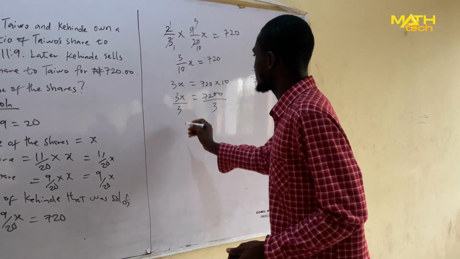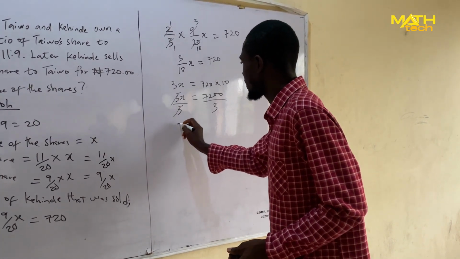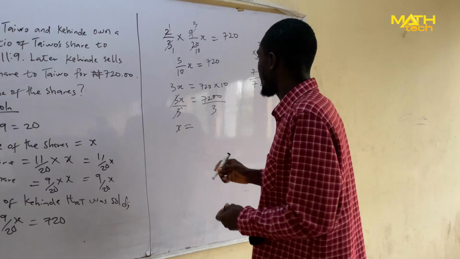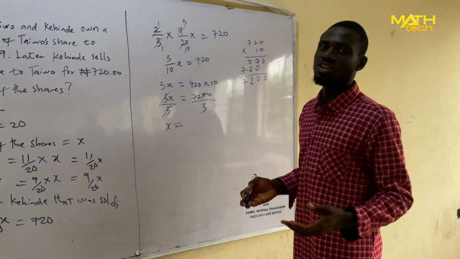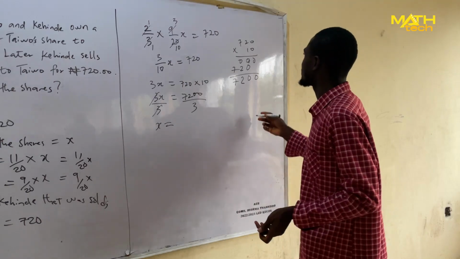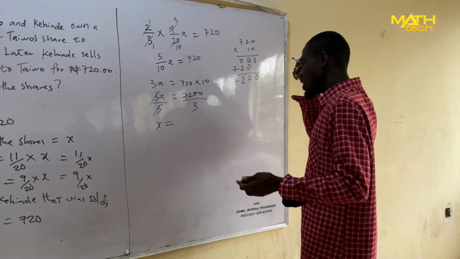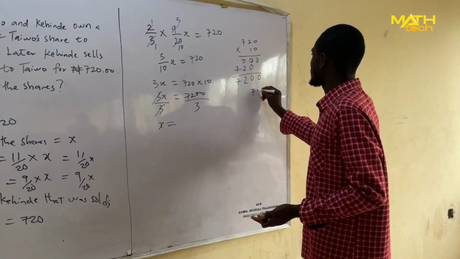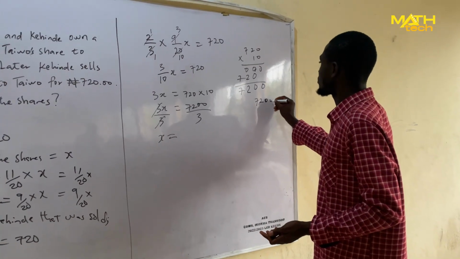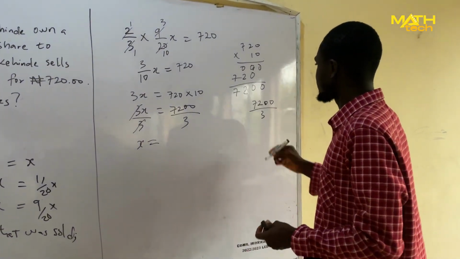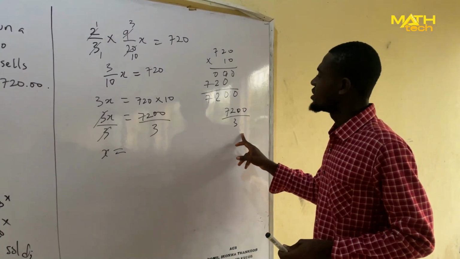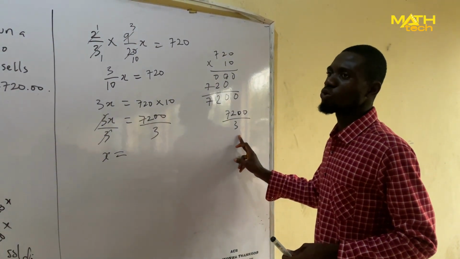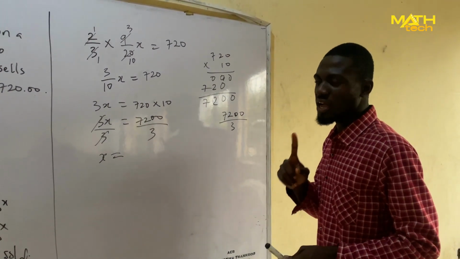So at this point we divide both sides by 3. Dividing both sides by 3, 3 into 3 gives us 1, which you can see as our x. And x equals 7,200 divided by 3. You can also use your calculator to get the result, or you carry out a very simple division process. 7 is greater than 3, so 7 divided by 3 gives us 2 remainder 1.